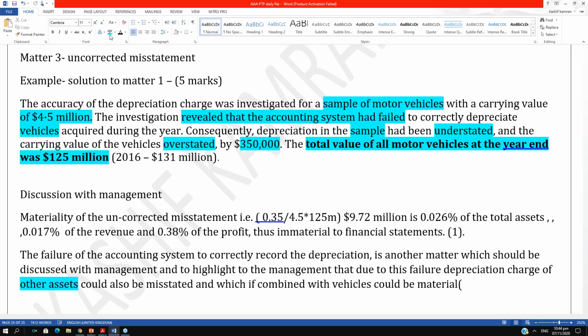So we discussed with management the materiality, we discussed with management the failure of the accounting system.